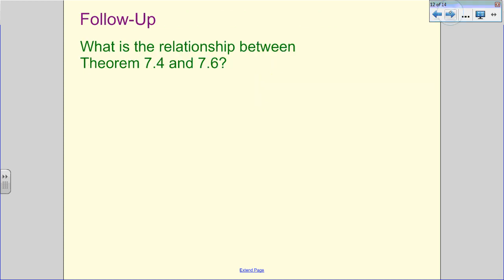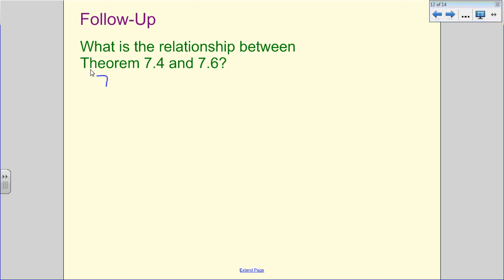All right, so what is the relationship between theorem 7.4 and 7.6. Well, 7.4 talks about the sides being proportional to each other when we look at the intersecting sides.